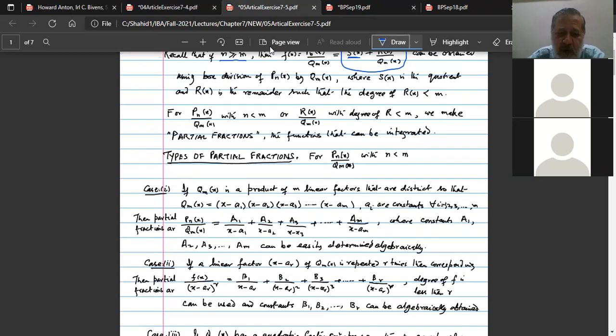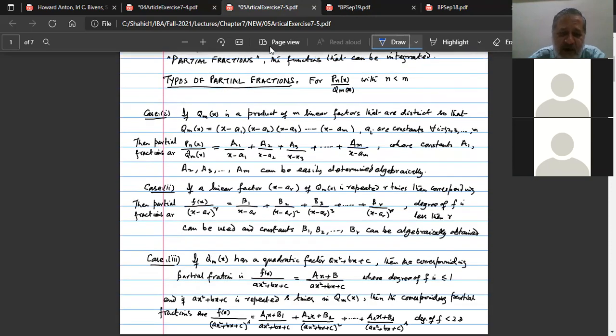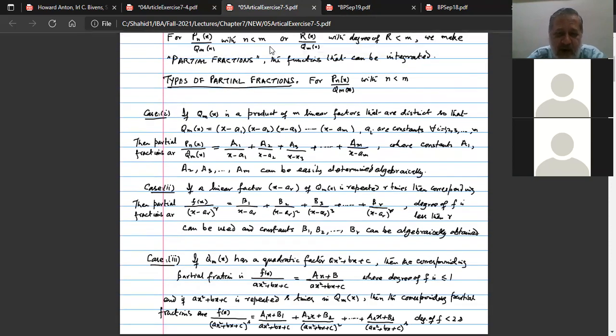Now the technique of partial fraction that I have described here, कि अगर डिनोमिनेटर जो है, it can be factorized and every factor is a linear factor. Mth degree polynomial, if all the factors are linear, then there will be m such factors.